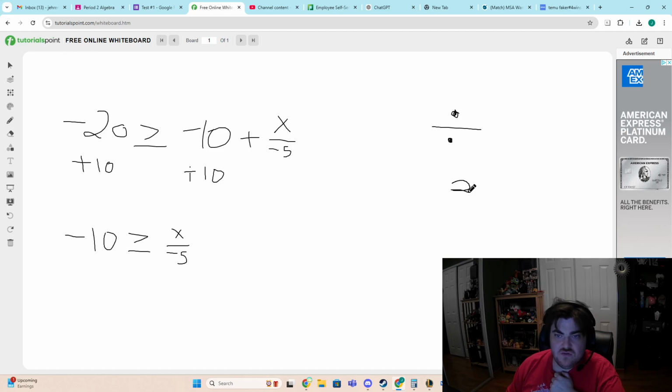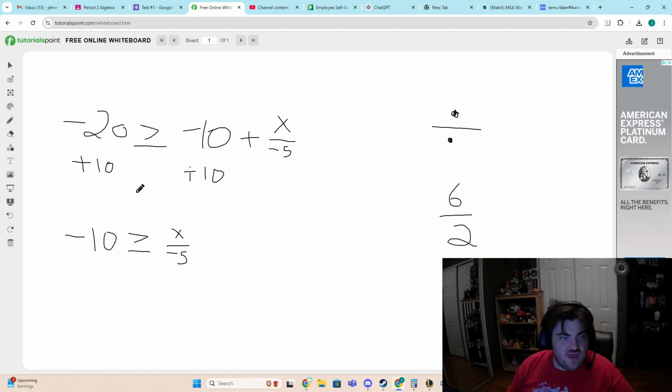So 3 over 1 would be 3 divided by 1. Or let's say 6 over 2 would be 6 divided by 2. Fractions are just another way of writing division. So 6 over 2 would be 3 because it's 6 divided by 2.